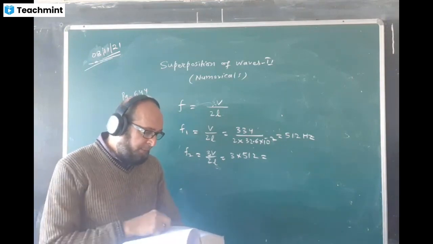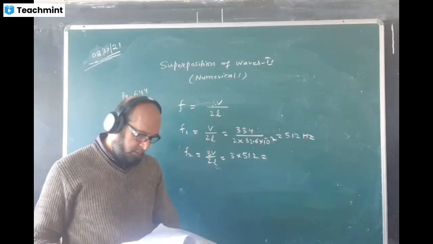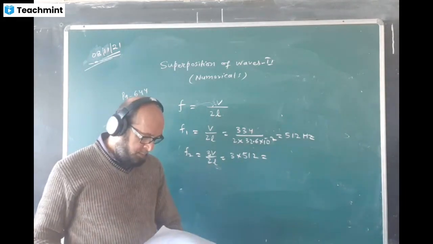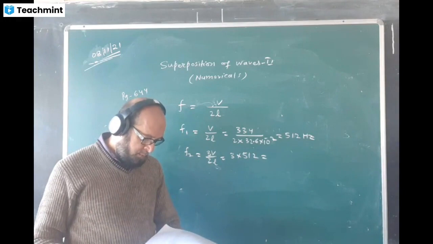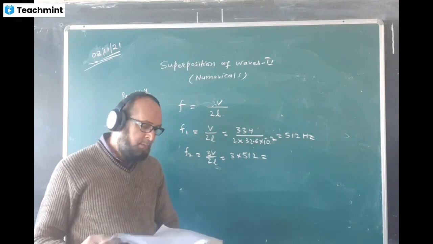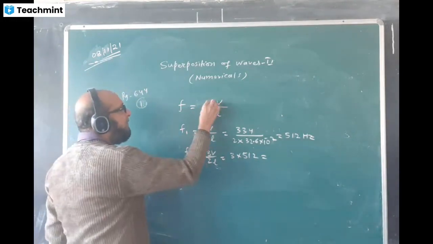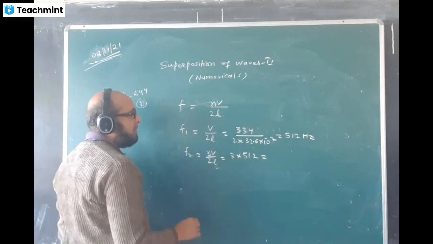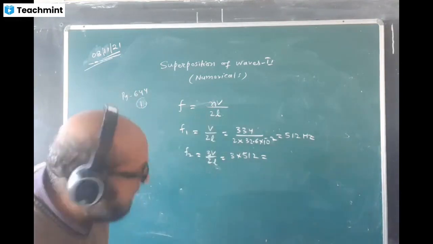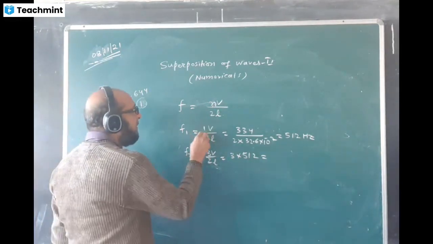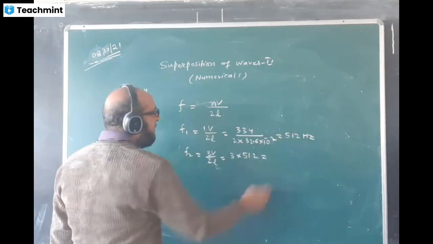See the formula of open pipe. Sorry. The formula was NV by 2L. So first answer is coming 1 V by this. Answer will come 512.